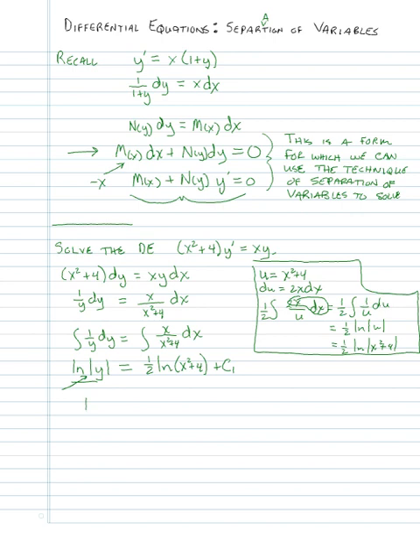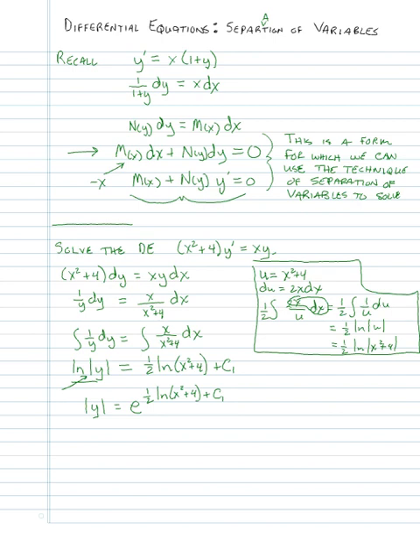In other words, the absolute value of y, which is here on the left side, is e, the base of the logarithm on the left side, to the power that we have on the right side. And that is 1/2 times natural log of x squared plus 4 plus the constant c sub 1.